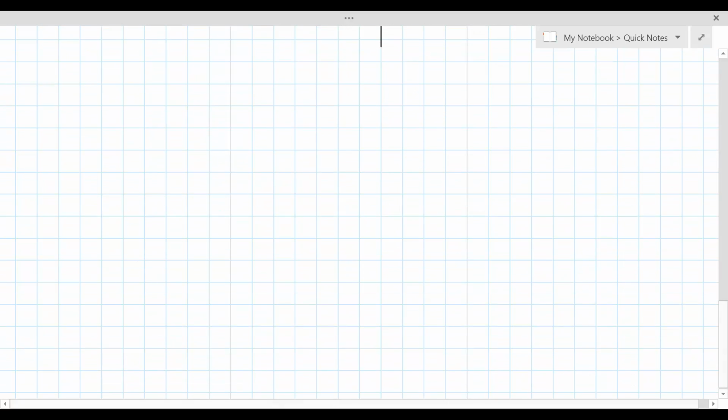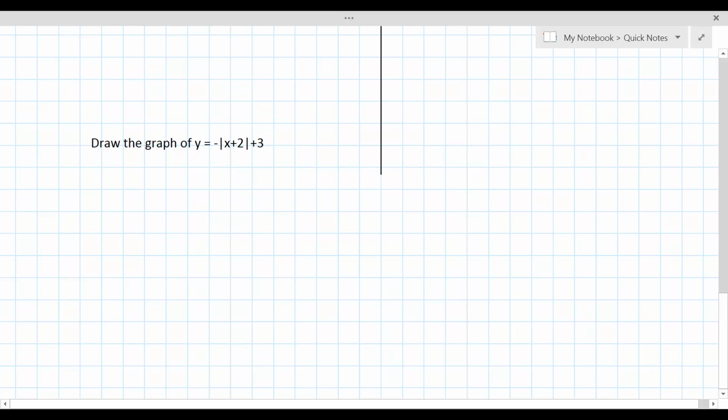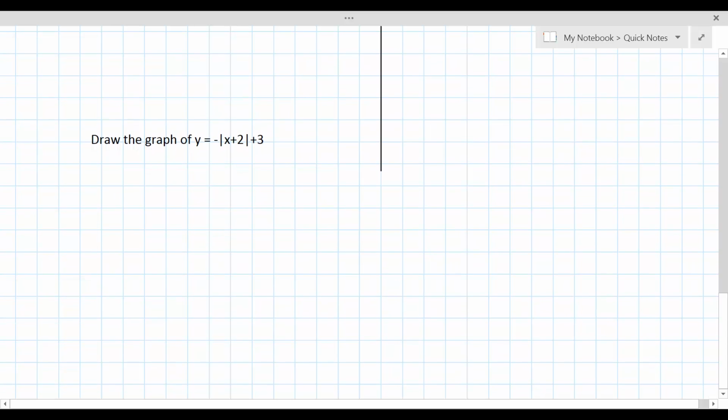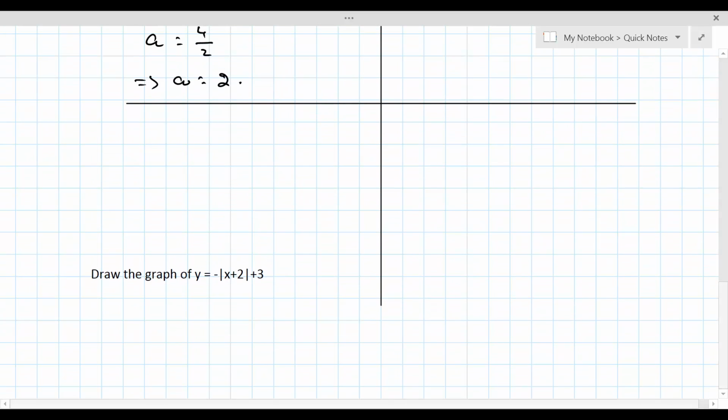And for the second question, where we need to draw the graph of y is equal to minus |x plus 2| plus 3, similarly we need to find the vertex.